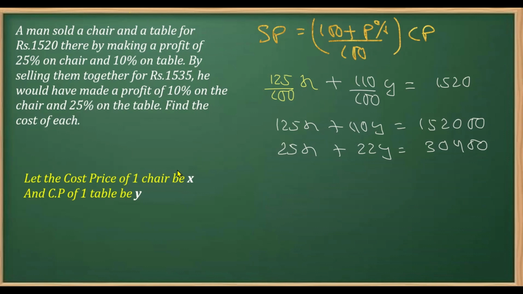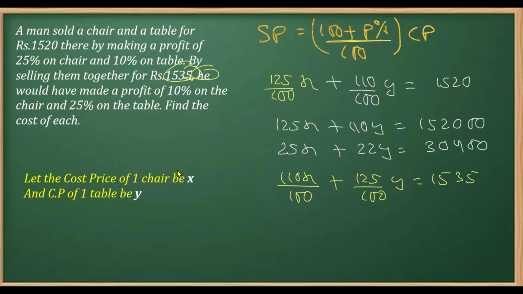In the next case, he sells making a profit of 10% on the chair. The chair is X, so 10% profit is 100 plus 10, which is 110X over 100, plus he's making 25% on the table, so 100 plus 25 is 125 over 100 times Y, and the total selling price this time is 1535.